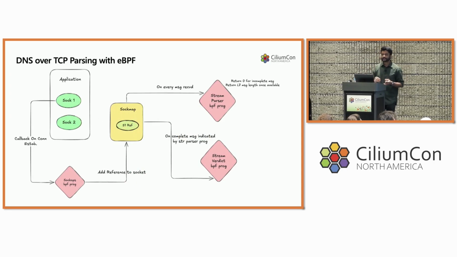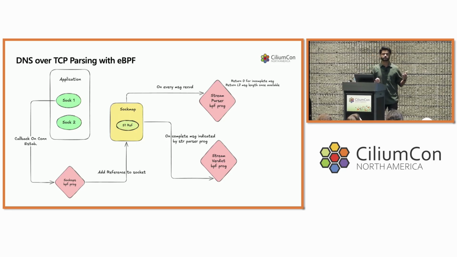After that, we can attach two programs using two different attach types. The first attach type is called stream parser. I call it a stream parser BPF program, but it's an SKSKB BPF program with a stream parser attachment type. Every time you receive a message on the socket that you added to this sock map, your program would be invoked. The only job of the stream parser BPF program is to tell the kernel whether we've received the full message or not.